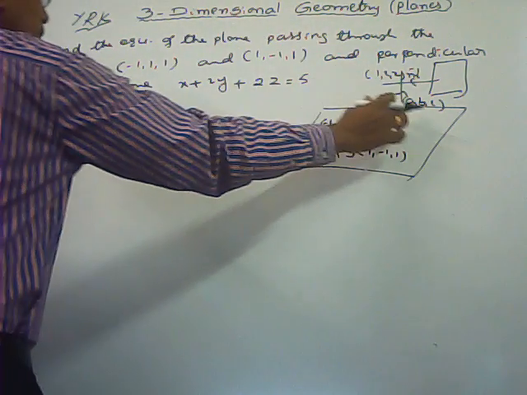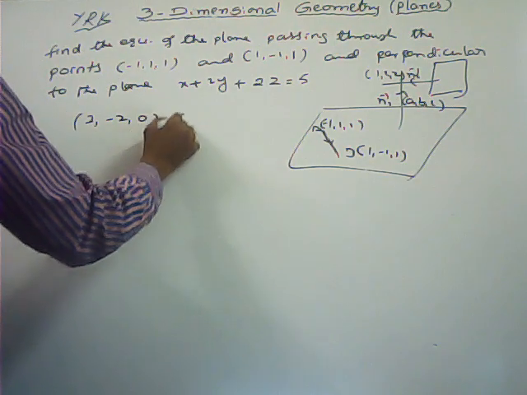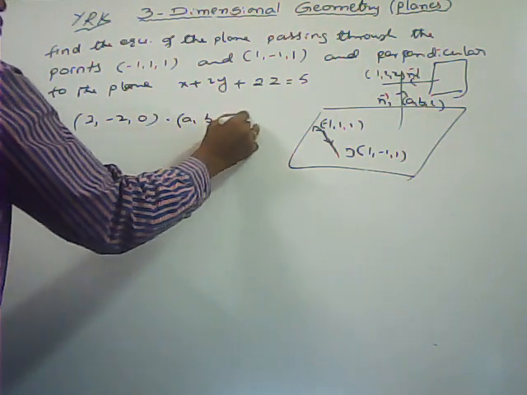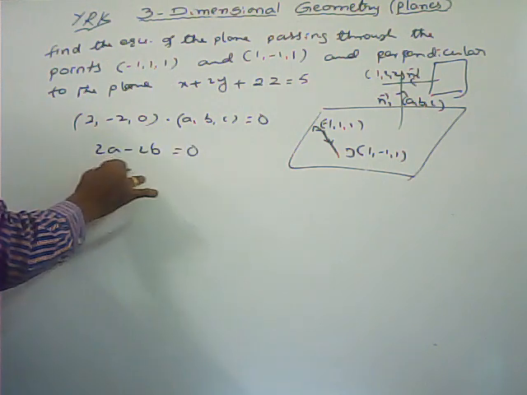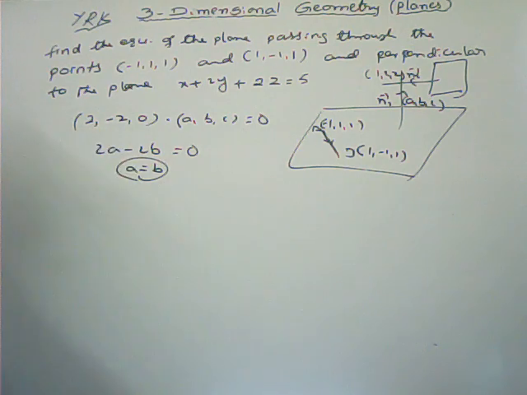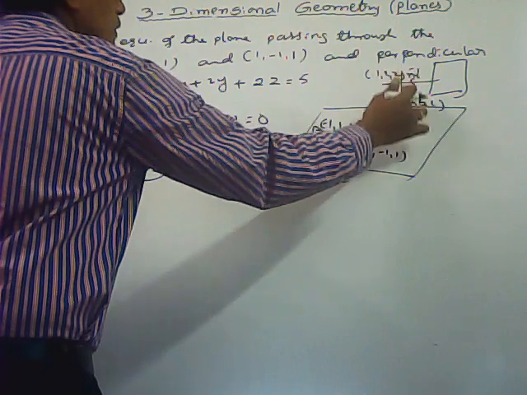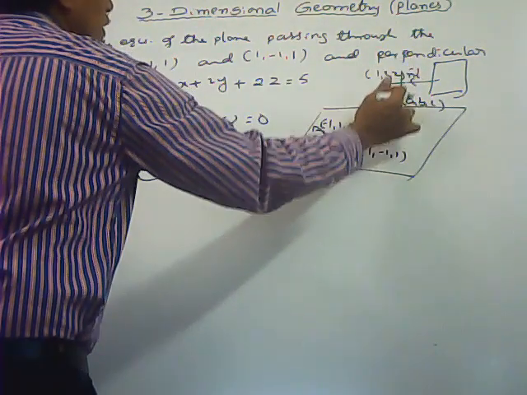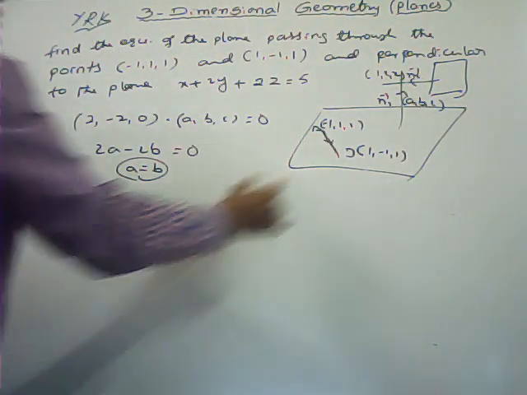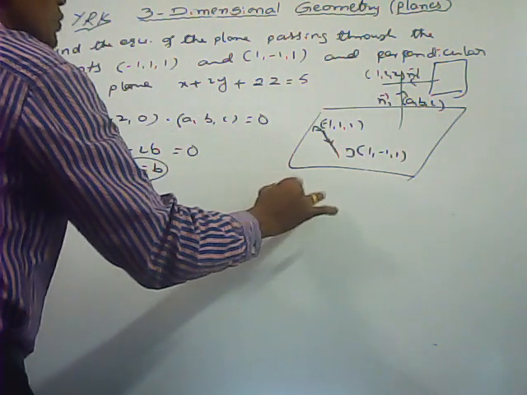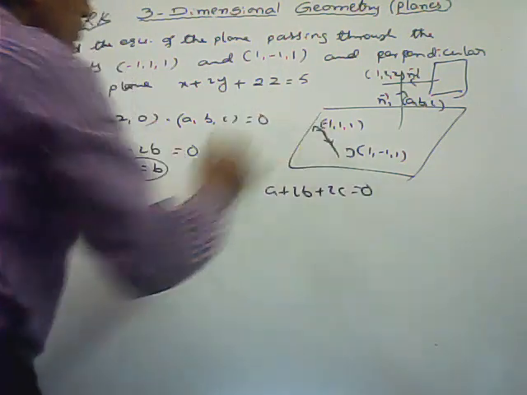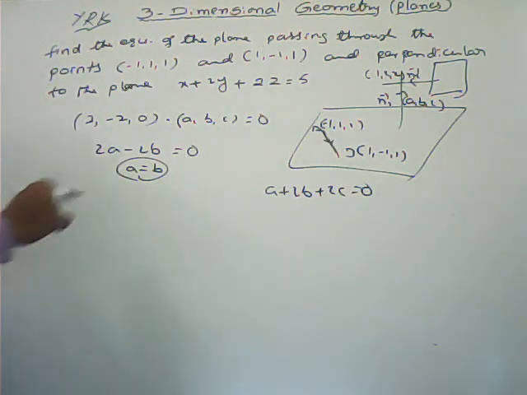So both are perpendicular, so the dot product of these DRs should be equal to 0. 2a minus 2b is equal to 0. So here we are getting a is equal to b. And one more thing, these two planes are perpendicular, so n1 bar is perpendicular to n2 bar. So the dot product of these two also should be equal to 0: a plus 2b plus 2c is equal to 0. Otherwise you can keep it like that only: a minus b equals 0.